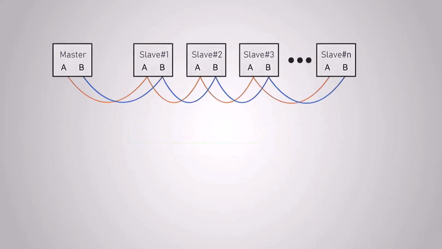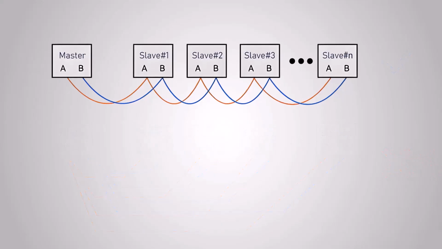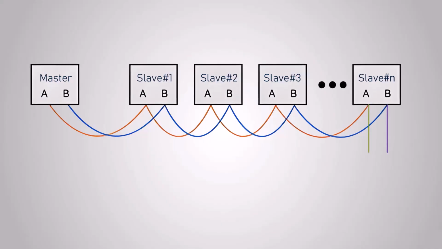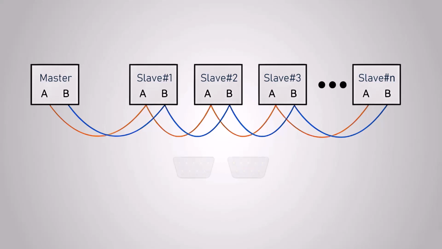Use a daisy chain topology, connecting devices in series rather than star configuration. Install 120 ohm termination resistors across the A and B lines at the two physical ends of the network. This helps prevent signal reflections. The maximum reliable distance is around 1,200 meters at lower baud rates. Always respect polarity and consult device manuals for exact pinouts.